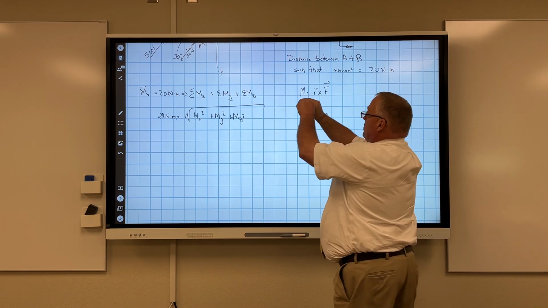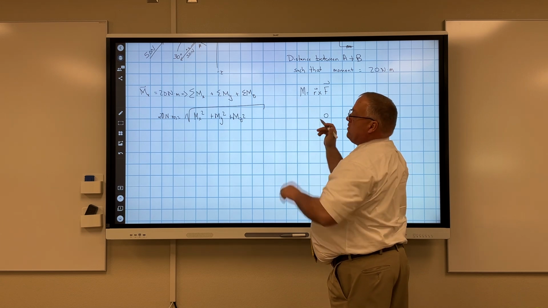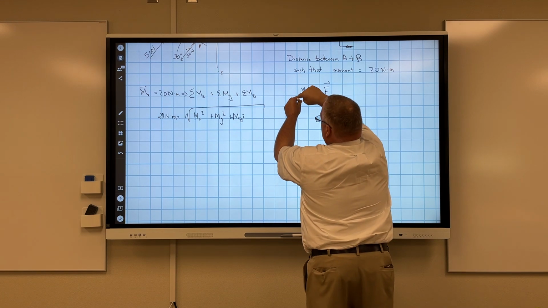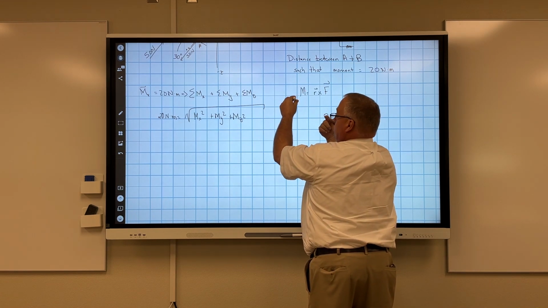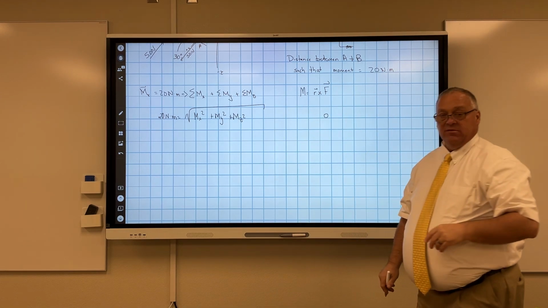So those two forces are not going to cause the rotation that we're concerned with, the 20 Newton meters. It's going to be the forces that exert here and here. So the 50 Newton forces are going to cause that rotation, that couple that causes that moment there.